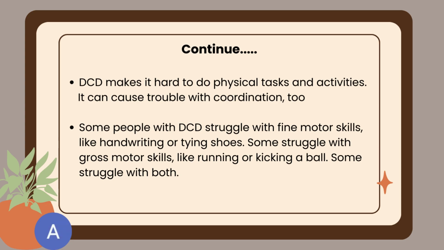Okay, now I will continue. What is developmental coordination disorder? It makes it hard to do physical tasks and activities, where the child is not able to perform well in tasks such as hopping, jumping, or running. It can cause trouble with coordination, like climbing or star jumps.